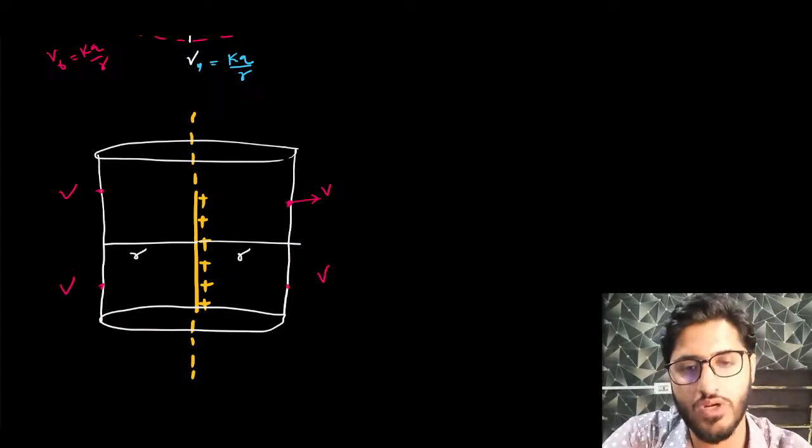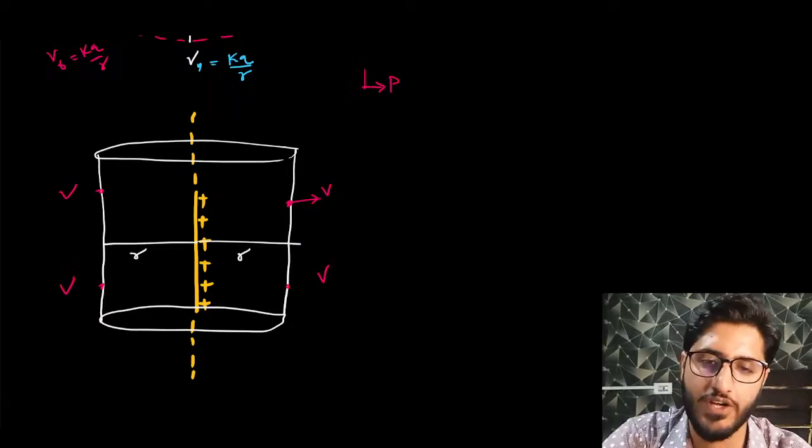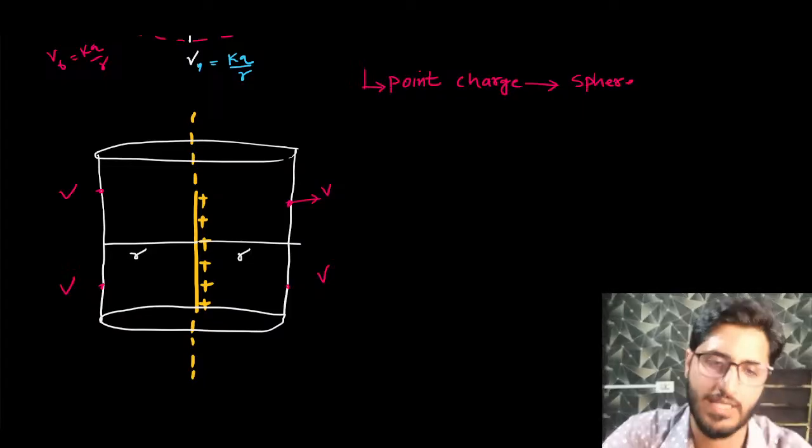So you can note down two things here. If we have a point charge, my equipotential surface looks like what? A sphere.